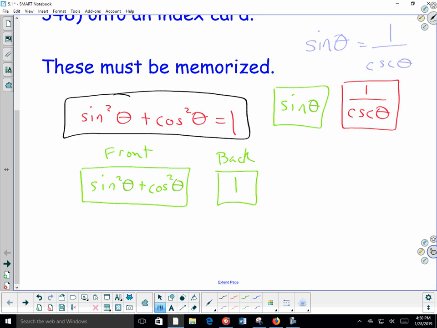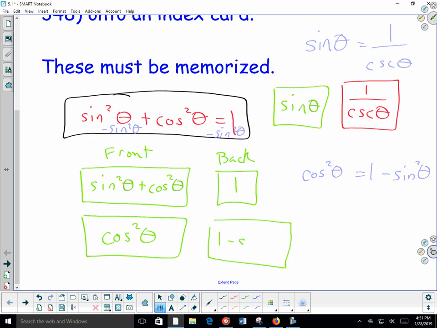If we subtract sine squared from both sides of the equation, you'll have a new identity that will be helpful to you: cosine squared theta equals 1 minus sine squared theta. So I want another index card here, and the front will say cosine squared theta, and the back will say 1 minus sine squared theta.